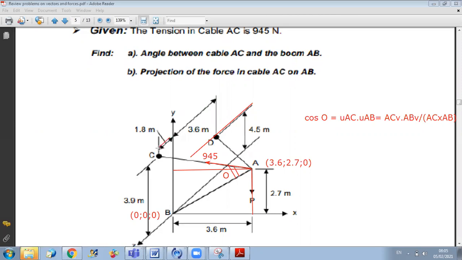This component represents Z of C, which is 1.8, and this component represents Y of C, which is 3.9. So the coordinates of C are 0, 3.9, and 1.8.